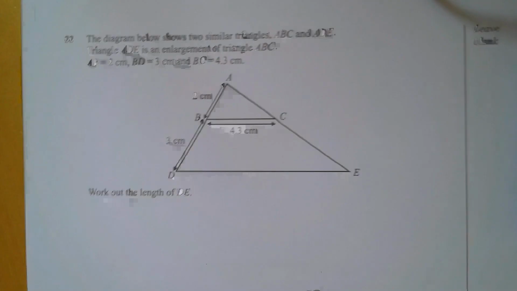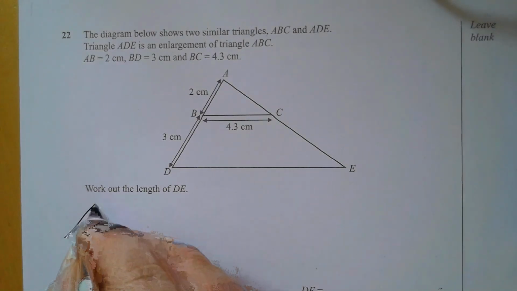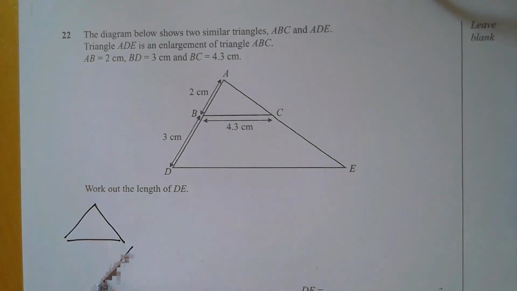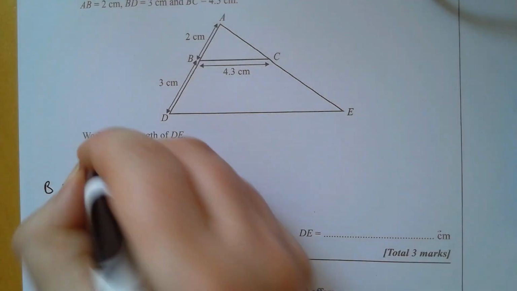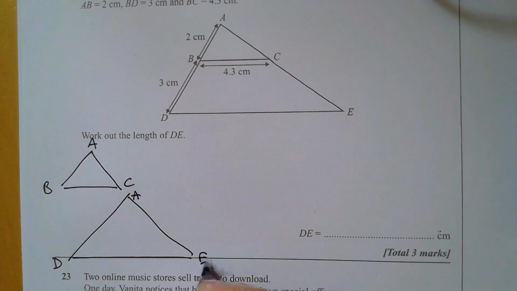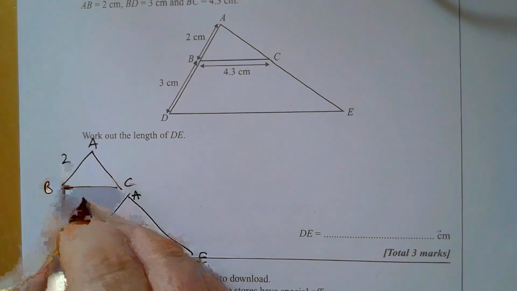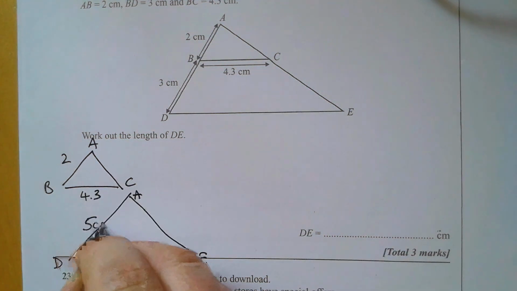And this one, if you know similarity, is also quite quick. We have a small triangle and we have a large triangle. Draw sketches of what we've got. What do we know? From A to D is actually 5 centimetres.